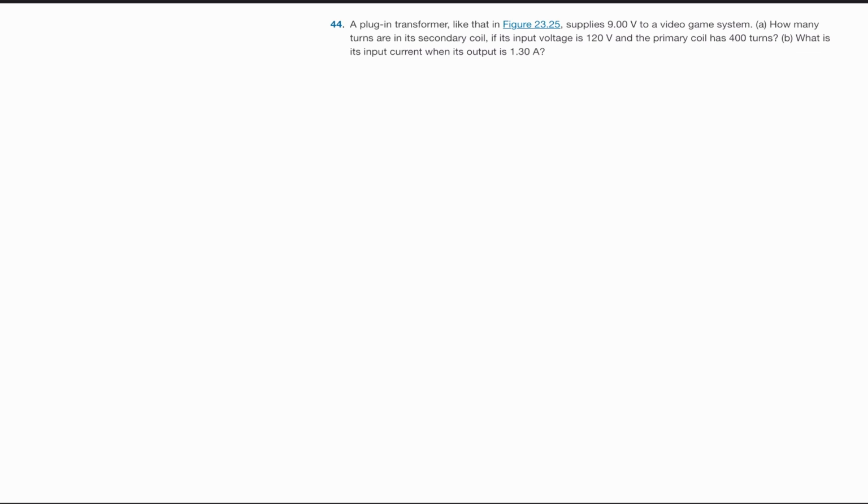Remember, here, part A is concerned with how we can determine the turns on the secondary coil by using the voltages. So let's first note that on the secondary side, the voltage is 9 volts. This then means the primary side, the side that's connected to the source, is 120 volts.